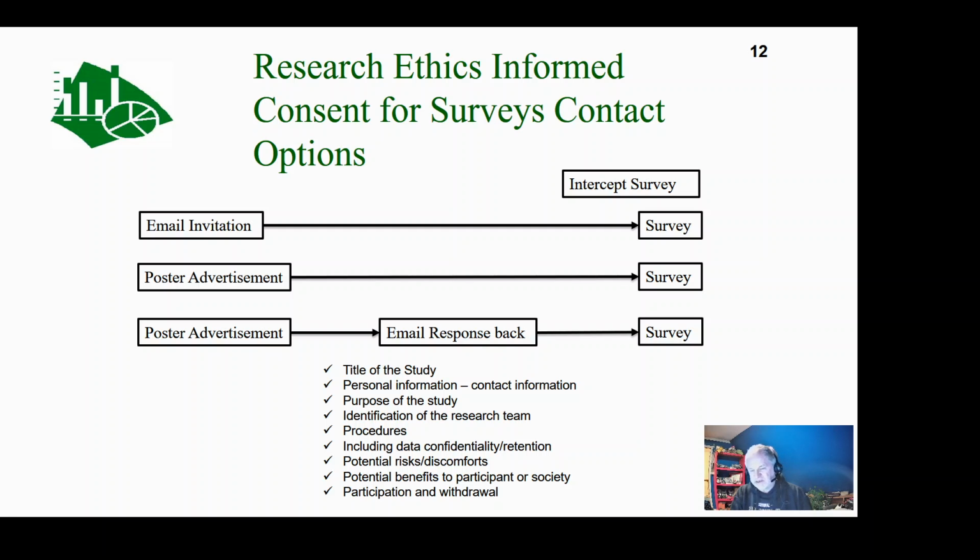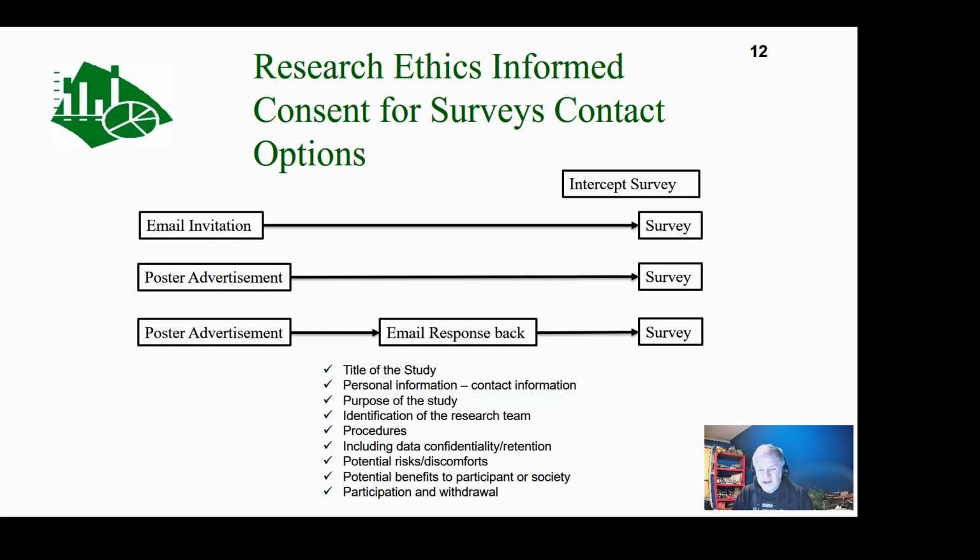Another means of recruiting people is through a poster advertisement. It could be something posted on a website, or on billboards, say around Georgian College. Your poster advertisement could send them directly to the survey, or it could send them directly to you, and they email you to say they're interested in your survey.